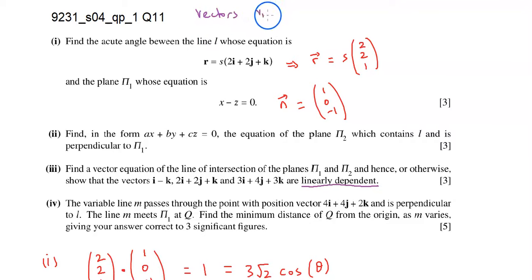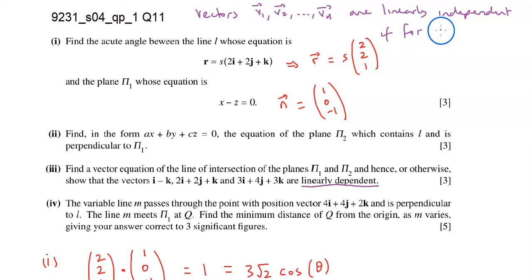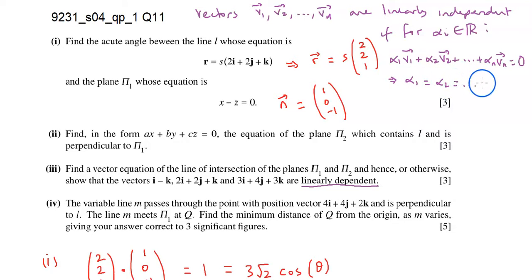So vectors v1, v2, up to vn are linearly independent if for real numbers alpha i we have alpha 1 v1 plus alpha 2 v2 plus up to alpha n vn, where vn is the vector, and if this is equal to 0, then that implies that alpha 1 equals alpha 2 equals up to alpha n equals 0.